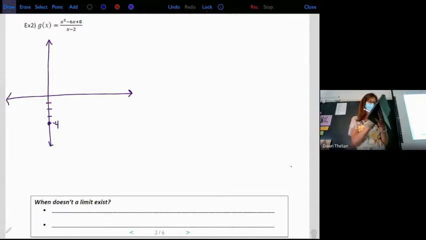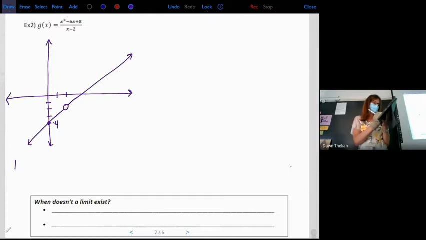And then the slope went up 1 over 1, up 1 over 1. And really at 2, -2, we would have to draw an open dot to say that this function does not exist at x equals 2 because we can't have 0 in the denominator.